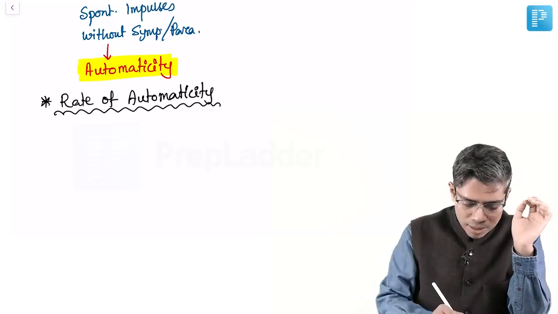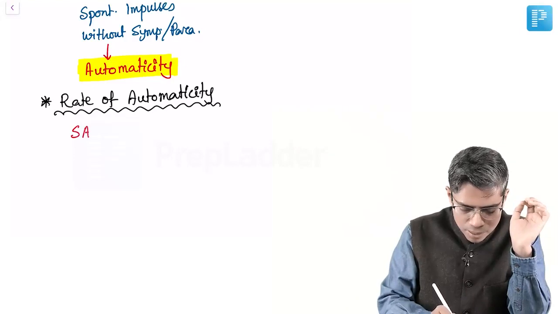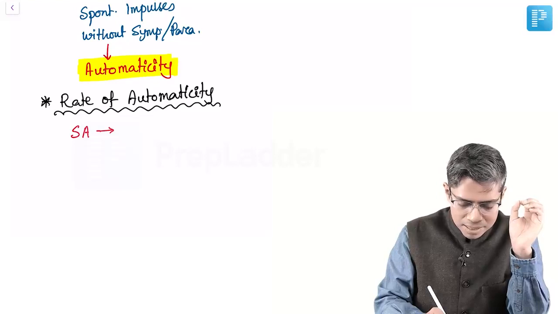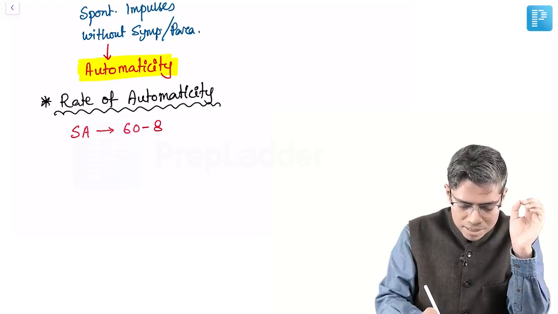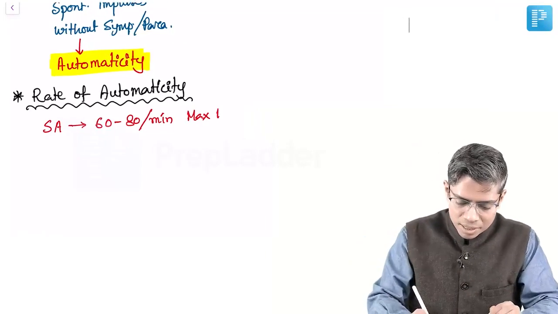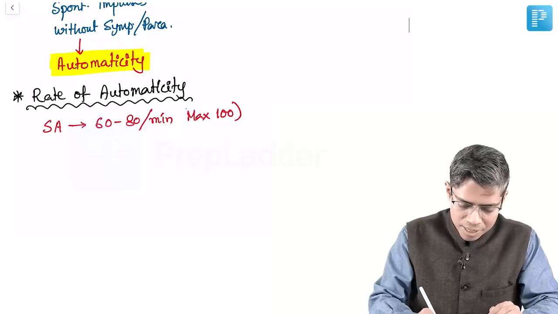But now if you look at the rate, then SA node has an automaticity rate which is very, very higher, that is 60 to 80 beats per minute, which can maximally go up to 100 beats per minute, right?